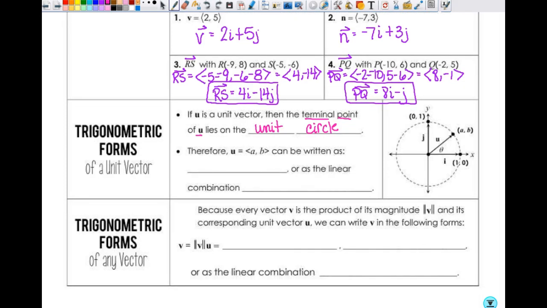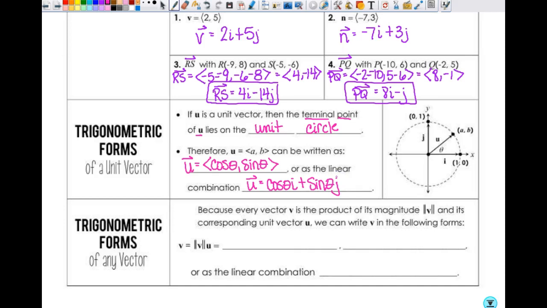Therefore, the vector u, which is ab, can be written as u equals, so if this is ab and we're on the unit circle, this is just like our x, y on the unit circle, and the x for the unit circle was cosine theta, y was sine theta, so it looks like this. Cosine theta, sine theta. Or as a linear combination, u would be equal to cosine theta times i plus sine theta times j.